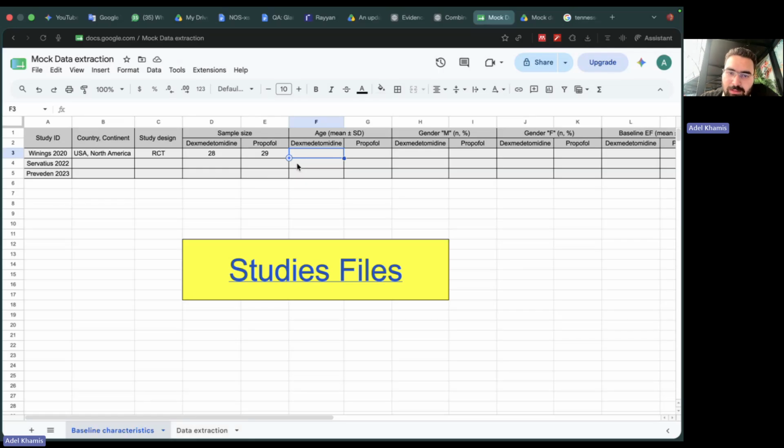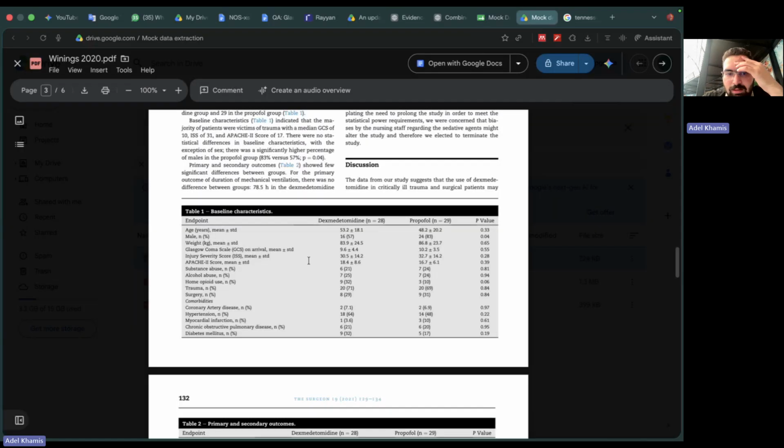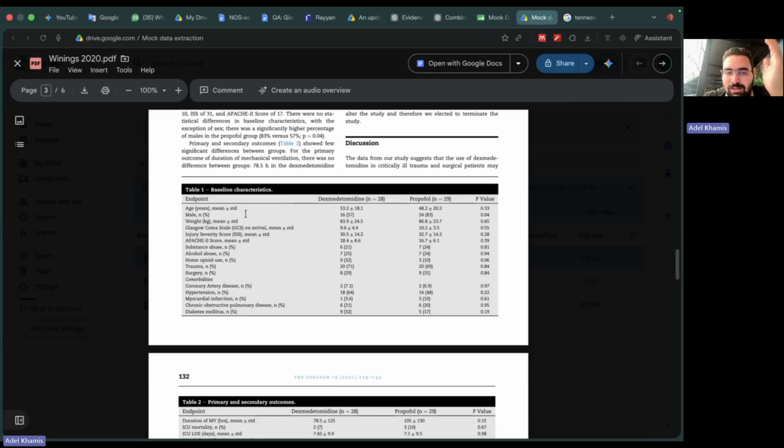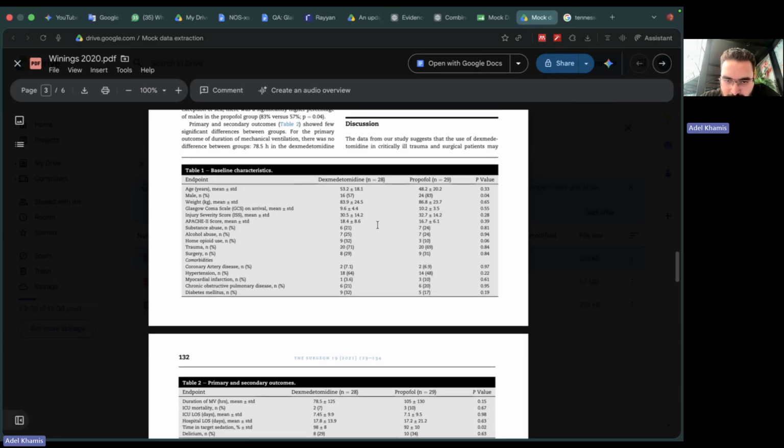So we are extracting the baseline characteristics of each one by looking at the first table. Usually, it is the first table in every study, the baseline characteristics of their sample groups and so on. So here we have the age in mean and standard deviation.